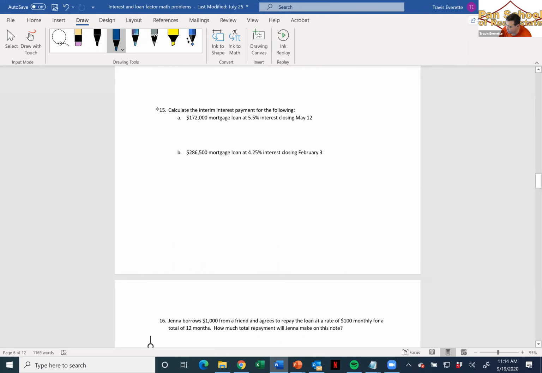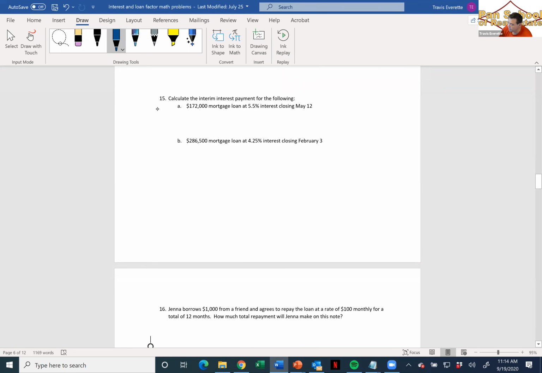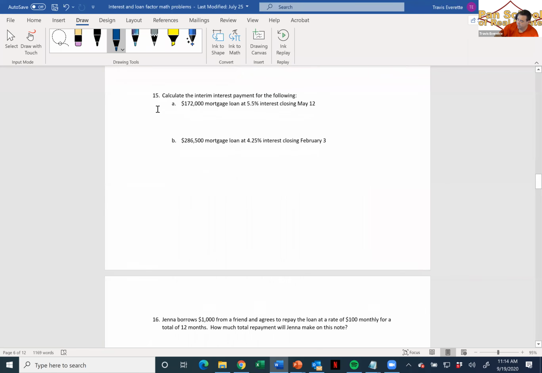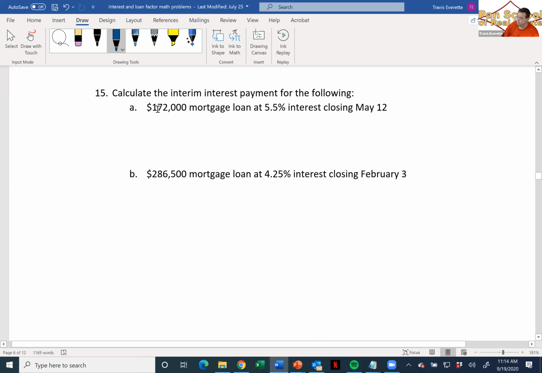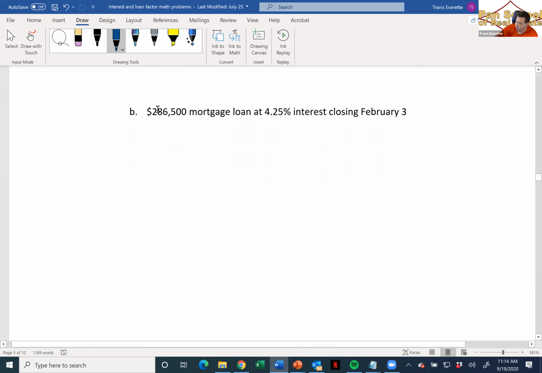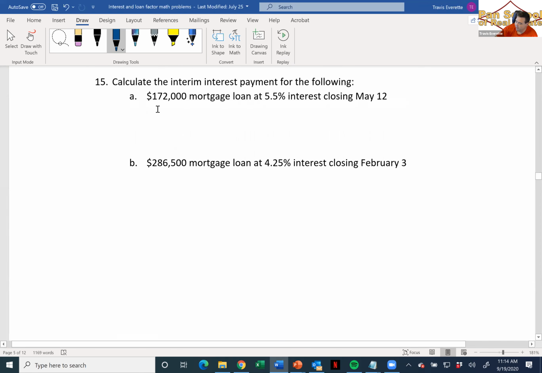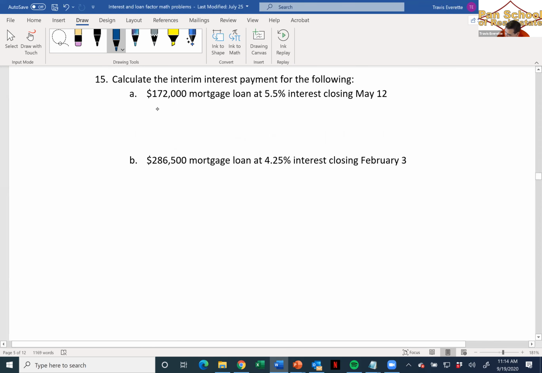So I'm not going to do another one of those. I do want to look at number 15, just one of the parts, only because it asks for an interim interest payment, and we haven't done interim interest yet. Let's just do B here real quickly. Talk to me about interim interest, this interim word.